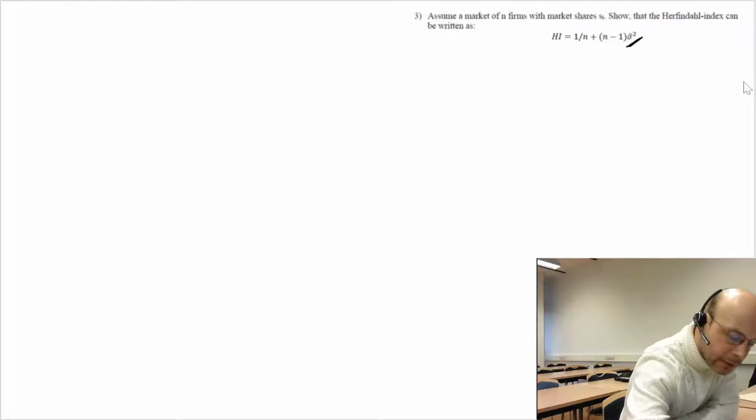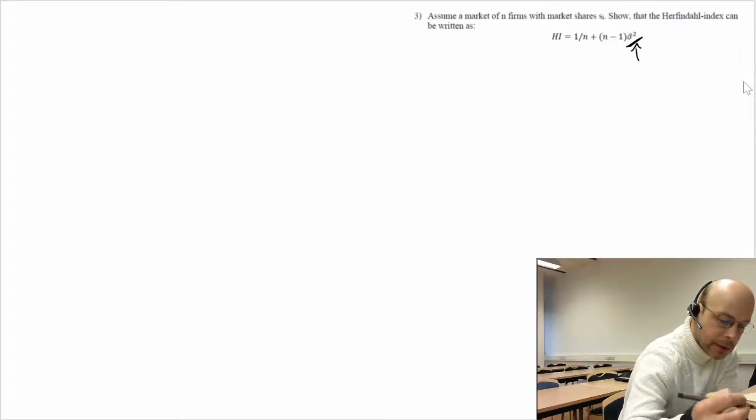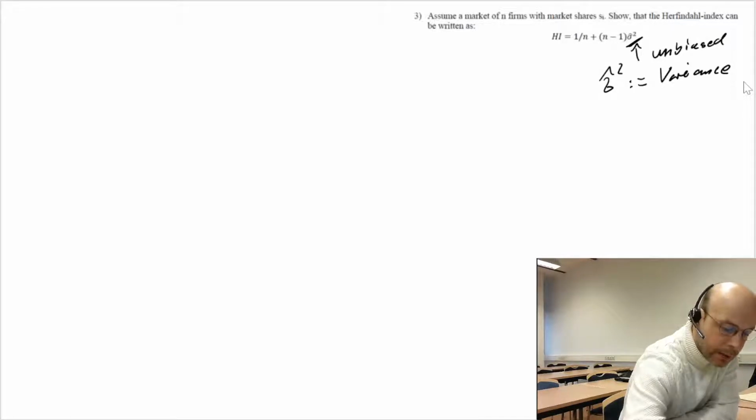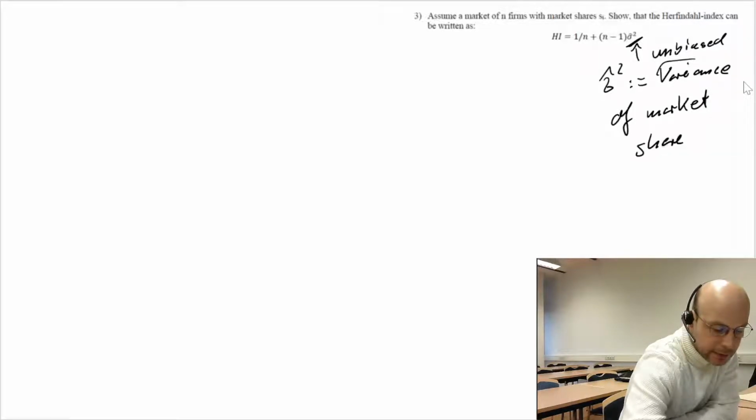This we also have to declare here. Sigma hat squared should be the variance, or the unbiased variance, of market shares.